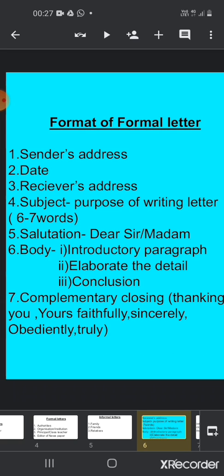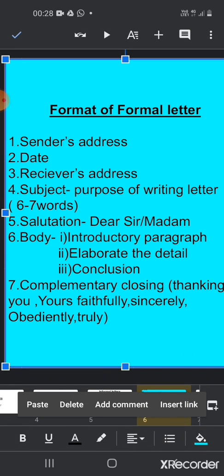Then we write the receiver's address, to whom we are writing. Like if we are writing a letter to the principal, in the receiver's address, first we write to the principal and the name of the school. Then comes the subject. In the subject we write the purpose of writing a letter.